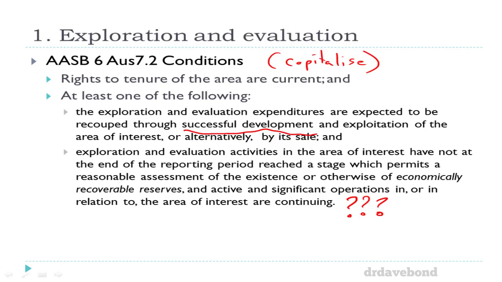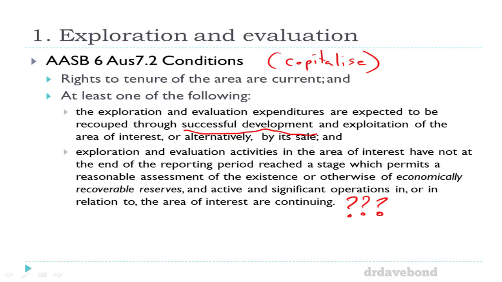Now, the thing I want you to link that back to and think about in comparison is, how does this relate to what happens with research spend? When we looked at AASB 138 last week on research and development, you spend money on research, which is trying to find new technology or new breakthroughs or whatever it happens to be.